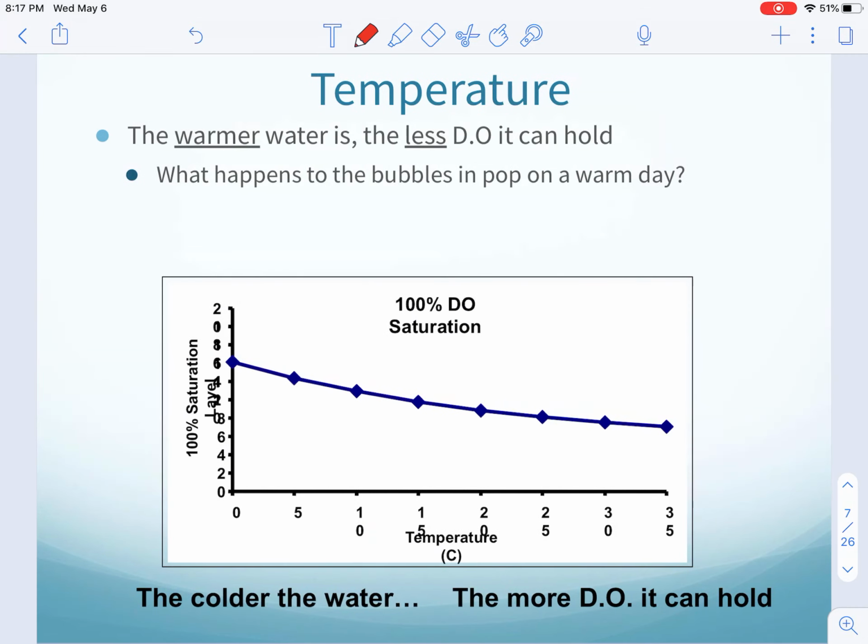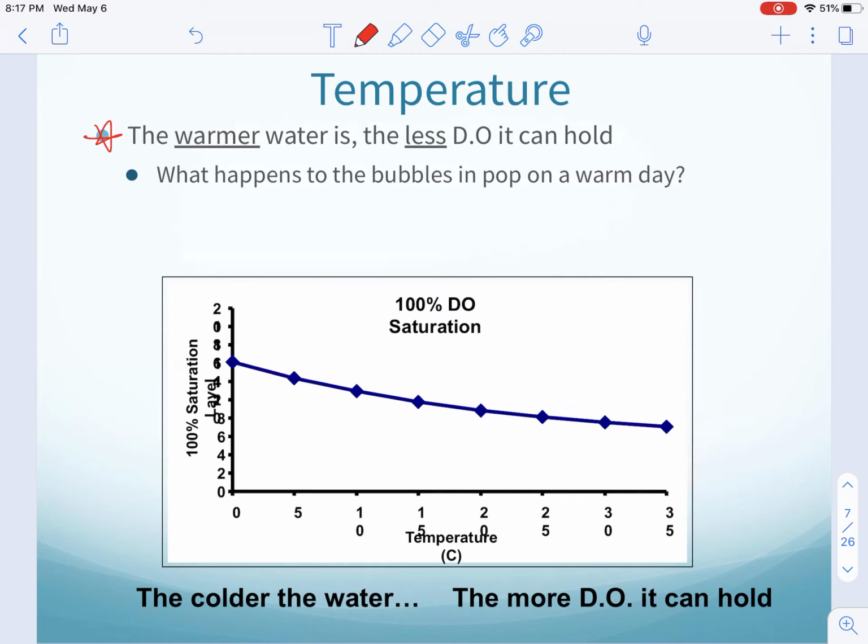Next up, well, I guess taking a step back here, why would water change the amount of dissolved oxygen? One of the most important ones, and if we would have gone on our field trip to the Vermilion River, we would talk a lot about temperature. And the key thing here, I would write this down right here. The warmer water is, the less dissolved oxygen it can hold, and you can see that in the graph down below.